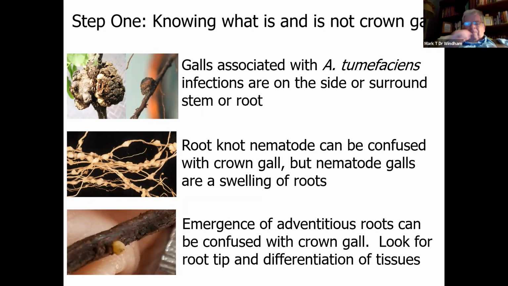So with root knot, the swollen root is not on the side of the root, it's the whole root that's swollen into a gall. And so that's one way that I look to tell the two apart. And last, and I think I had some of these I had to deal with this weekend on the web.